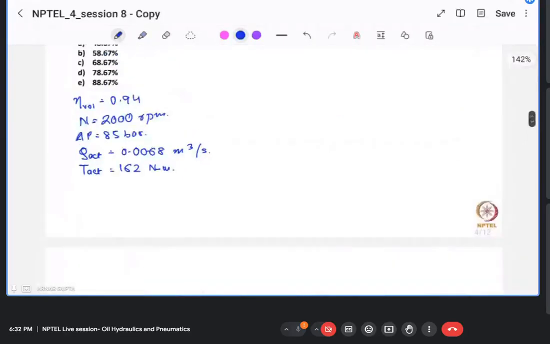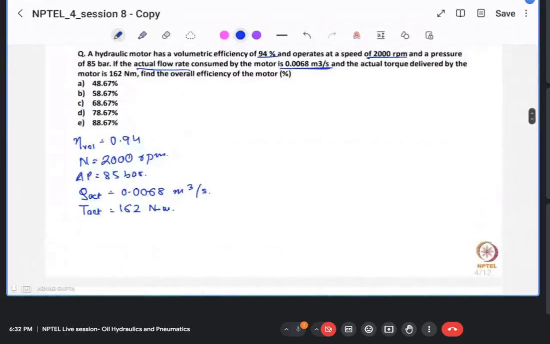So first, I will just do it using the single step thing, as I said. So what is your output power here? As I said, it is the output that is coming out finally. That is nothing but 2 pi n into actual value of the torque.